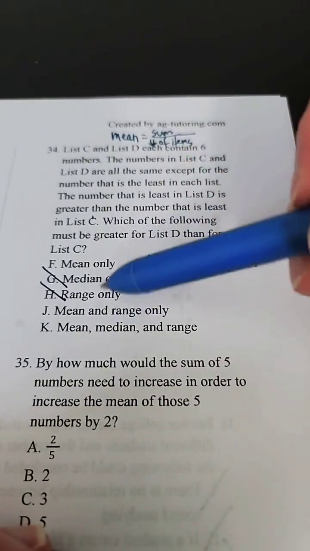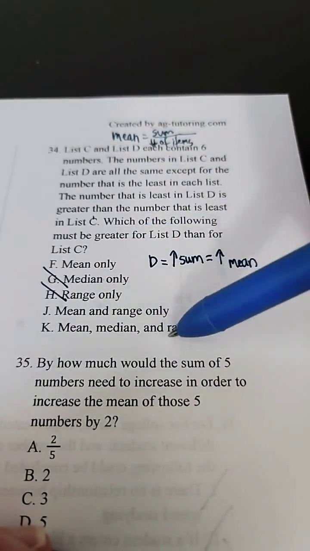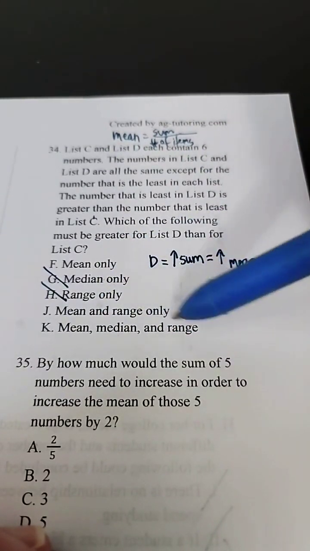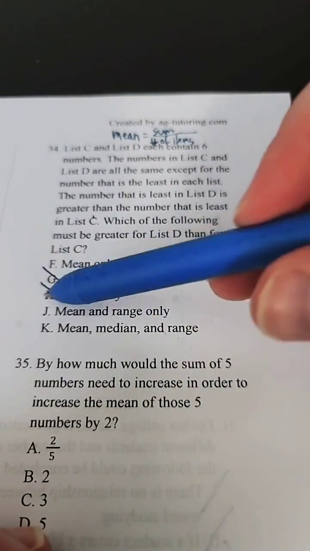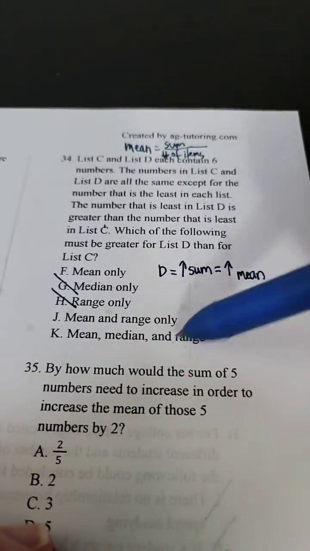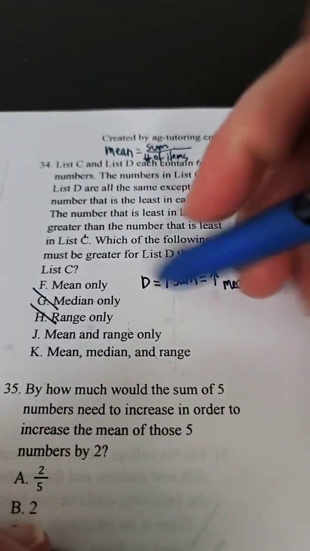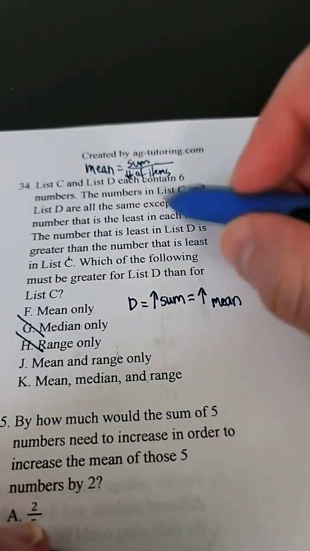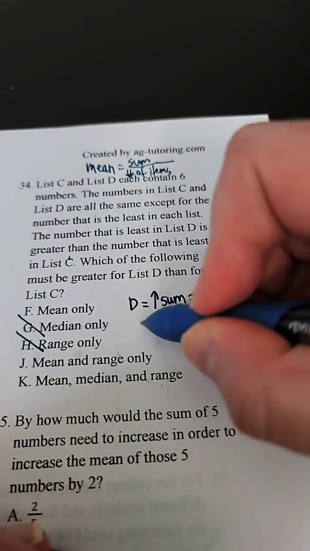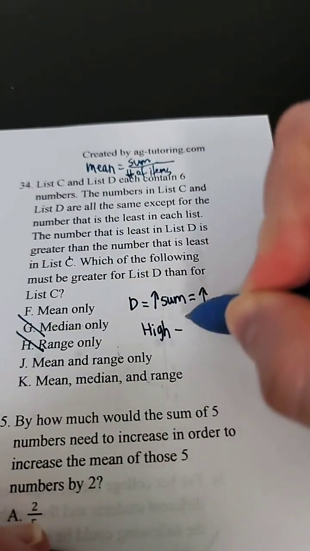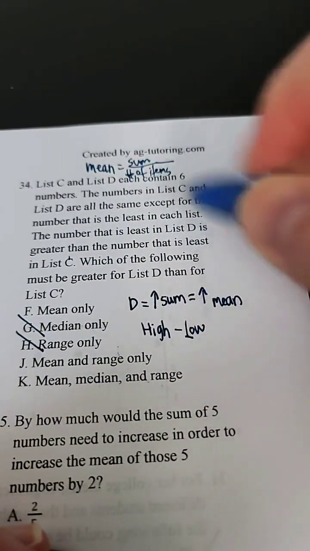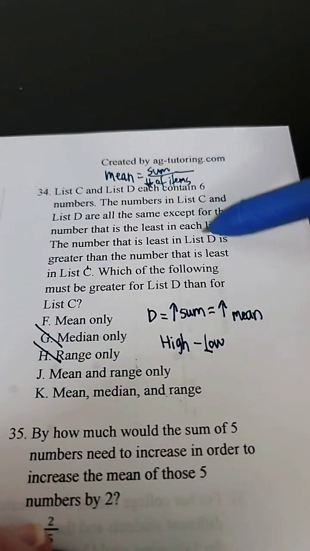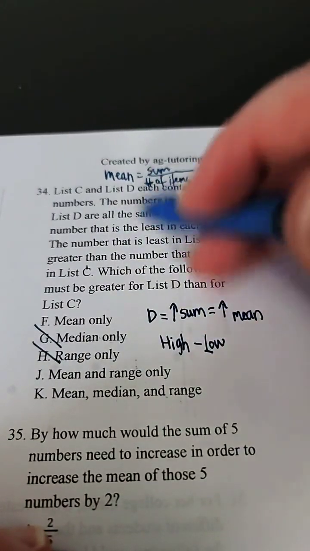Now I would see what's in common with each of these. I'm going to try to see range. If range is not it, then I can automatically pick F if nothing's happening with range to make it greater. So let's focus on the range. The range is the high minus the low. For list D, the high number would be the same because all those numbers are the same.